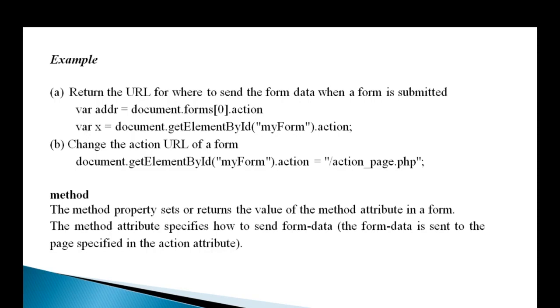For this now we are using document.forms. These forms are stored in an array, that's why we are accessing the elements through an index, that is forms[0].action. Here it returns the URL to which the form data is sent when submitted.